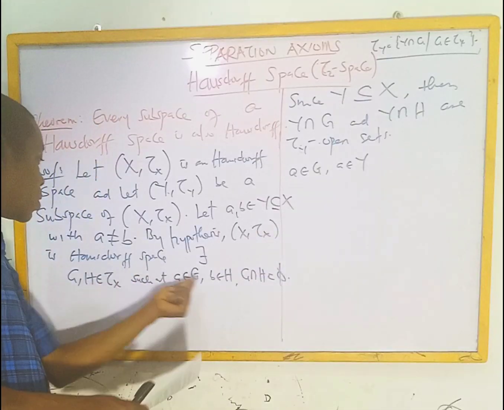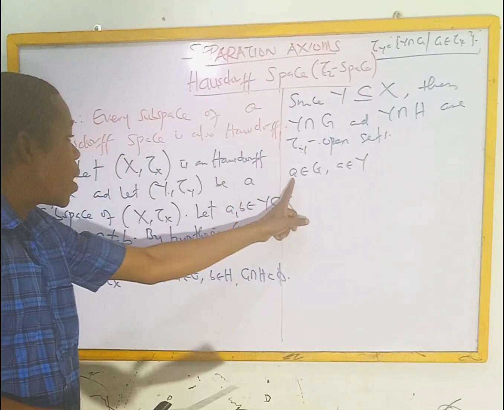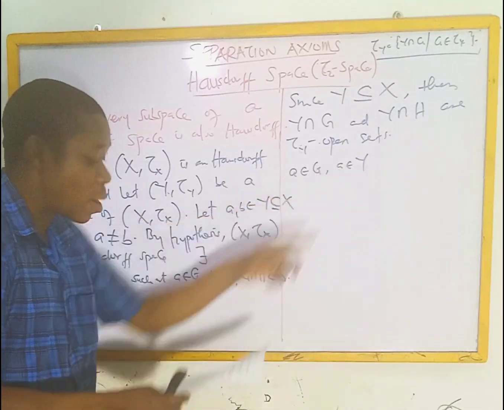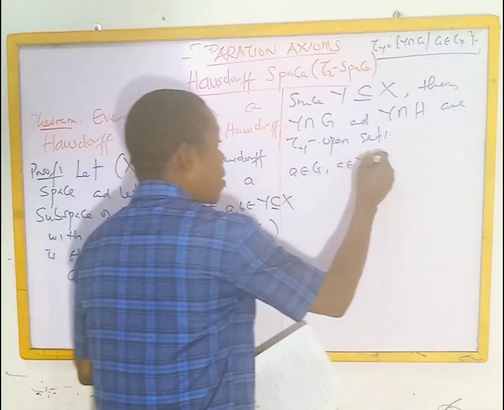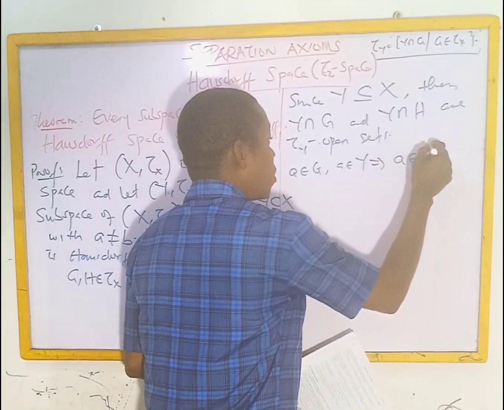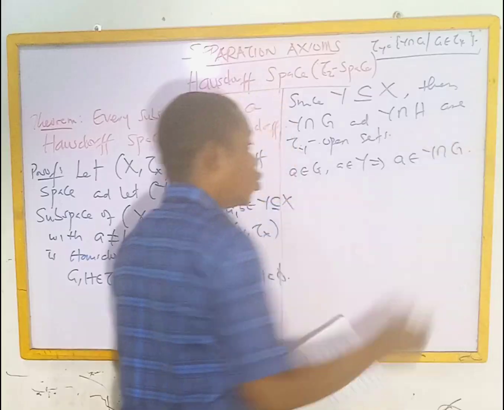So a is in G, b is in H, and a in Y. Now this implies that my a will also be in Y intersection G.